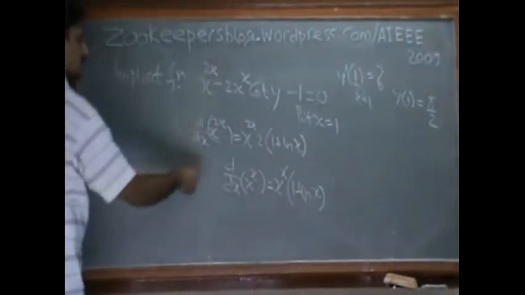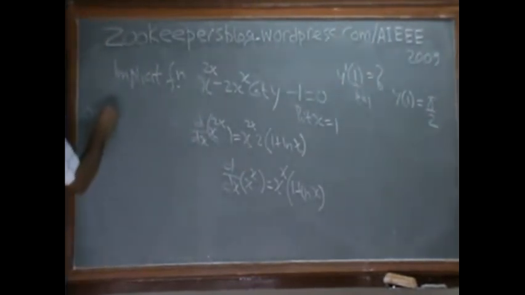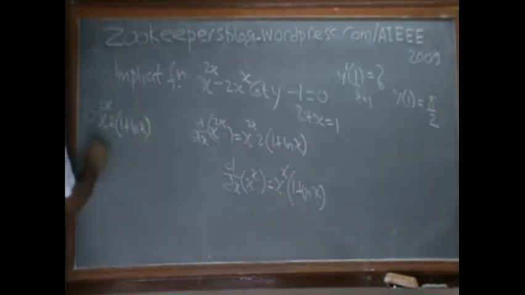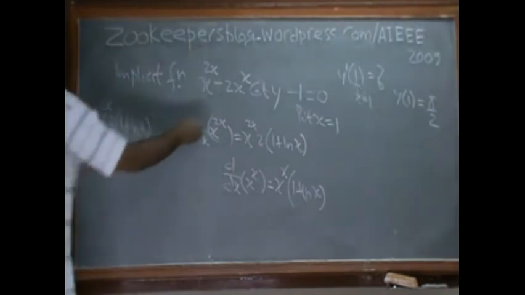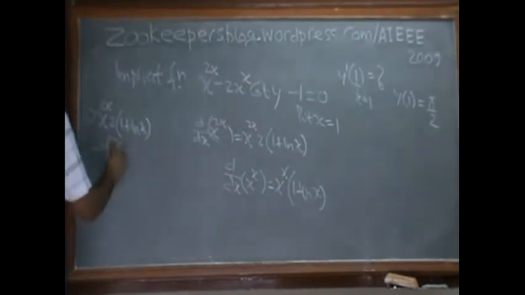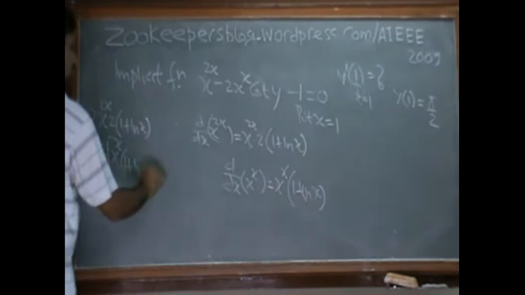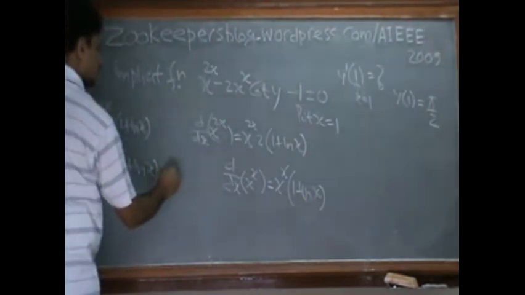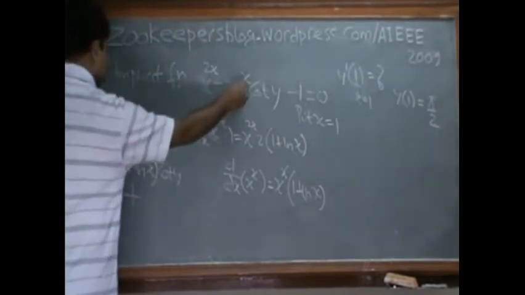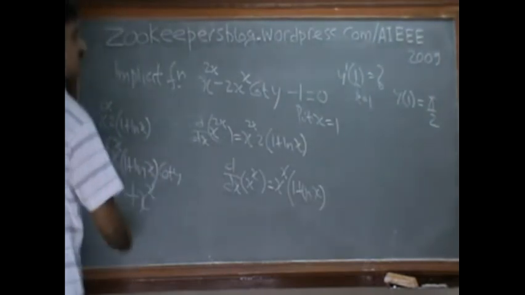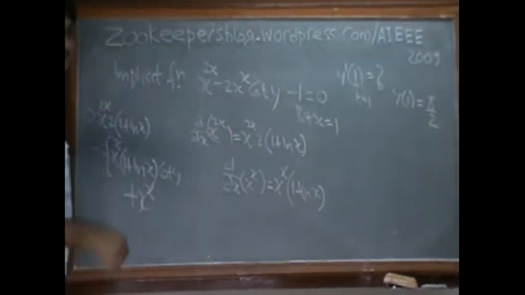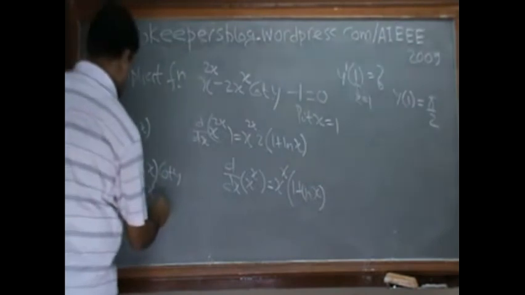I start writing x to the power 2x, whose derivative I already have: x to the power 2x times 2 times (1 plus ln x), minus 2 in a bracket, x to the power x, whose derivative is x to the power x times (1 plus ln x), and then cot y remains unchanged, plus this 2 x to the power x remains as it is, unchanged, and the differentiation of cot y is minus cosec square y. So brackets, don't forget.